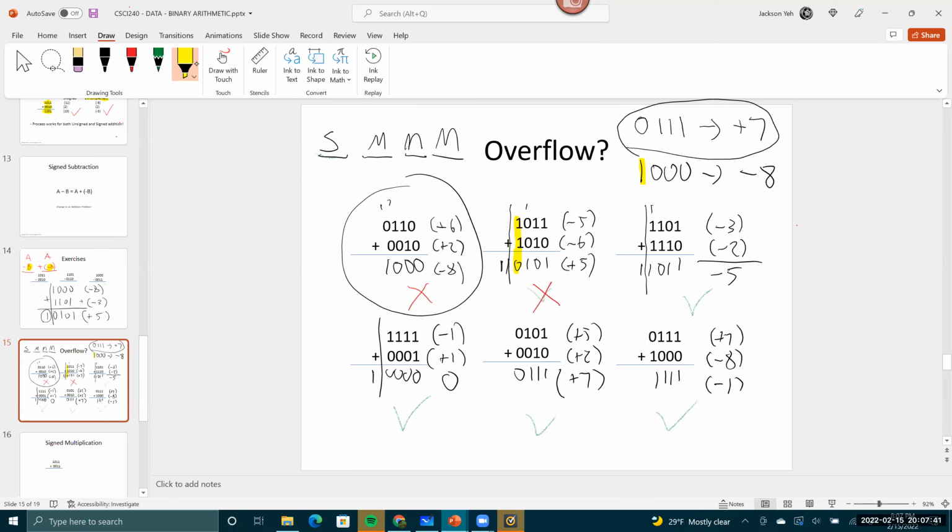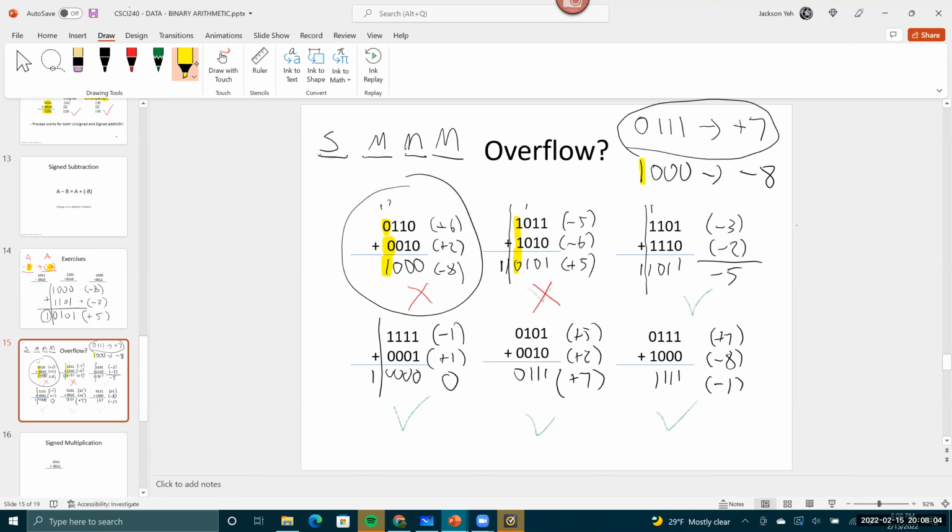Same thing if I add a positive number to a positive number and my answer is a negative number, I know there's an overflow. Does everyone see that? I don't even need to convert anything over. Once I do the math, I look at the signs of the inputs and the output and compare them, and I say, oh, my inputs are positive, my output's negative. Overflow. That's it. No need to do anything else.